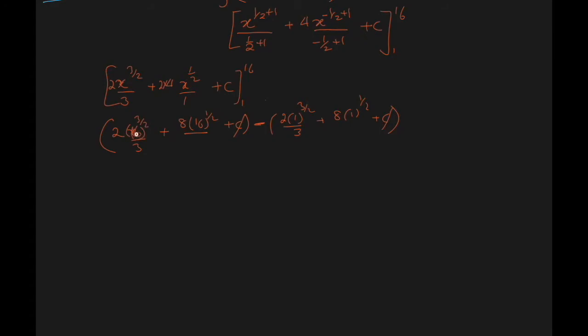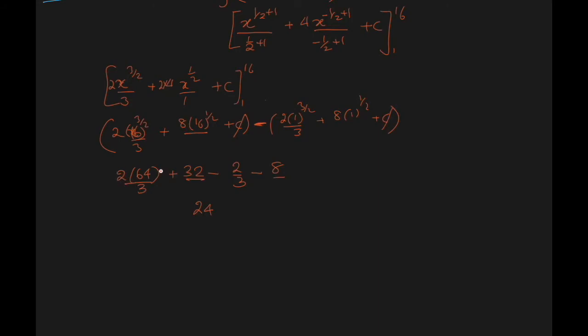I'll write 16. So 16 square root is 4, to the power 3, 64. So 2 times 64 over 3, plus 16 square root. Power half means square root, 4. 8 times 4 is 32. Minus 1 to the power anything is 1, so 2 over 3 minus, because of this minus, this 8 will also be negative. 34 minus 8 is 24.